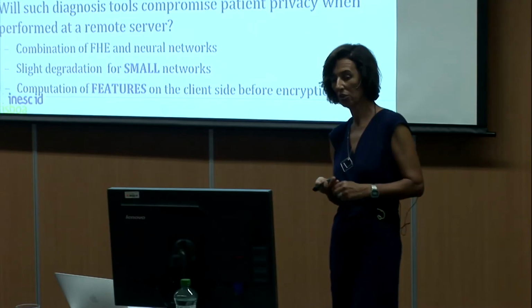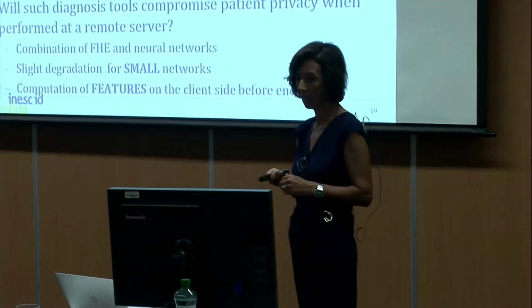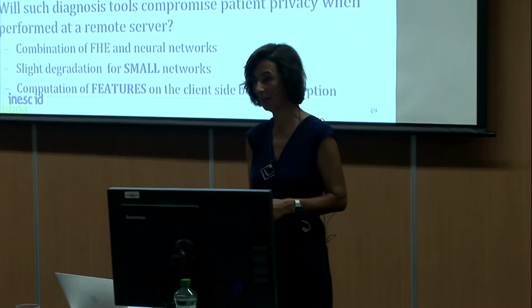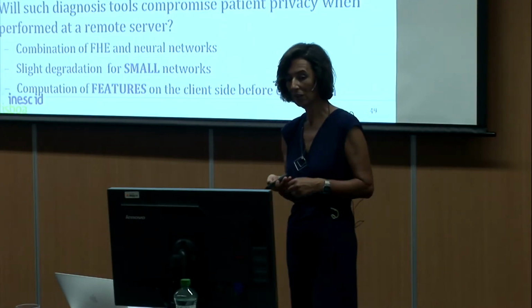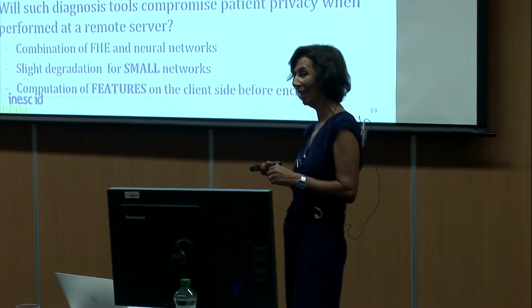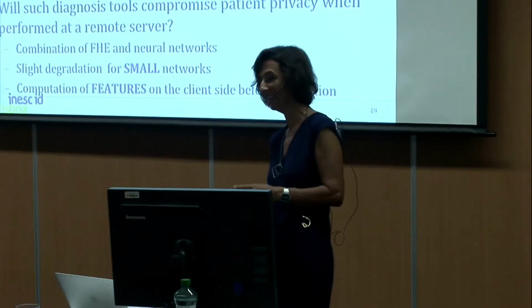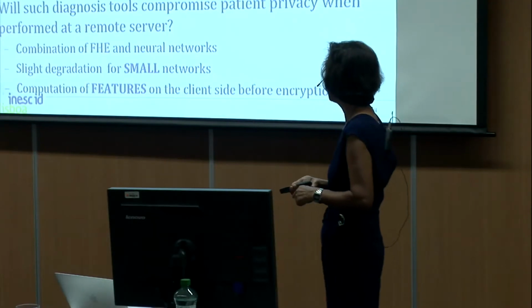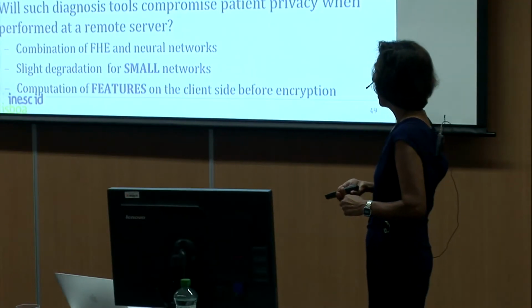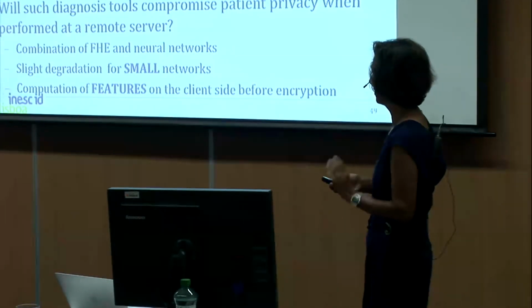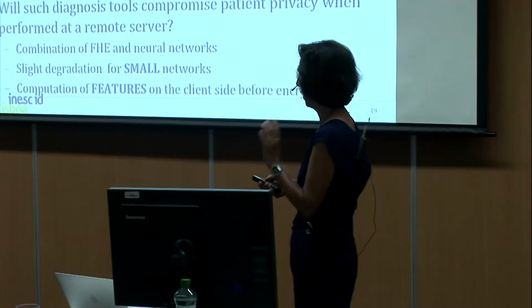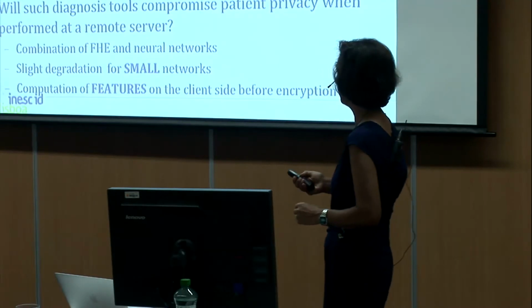The second question was whether these diagnosis tools could compromise patient privacy when performed at a remote server. So we showed that if the networks are relatively small, then the degradation is also relatively small. What are the major points that I want to leave for future work?